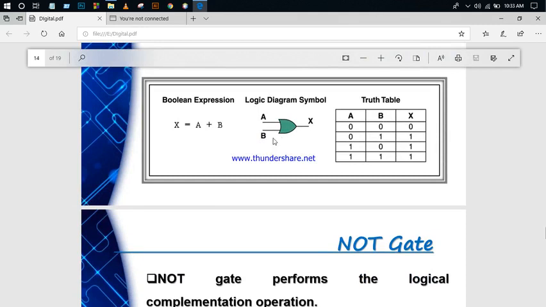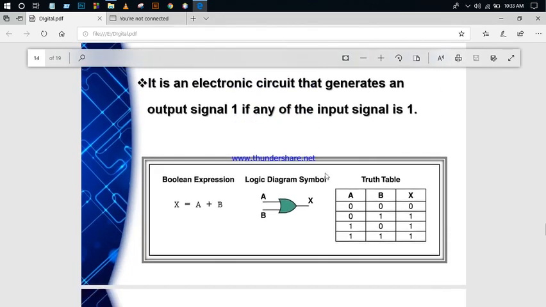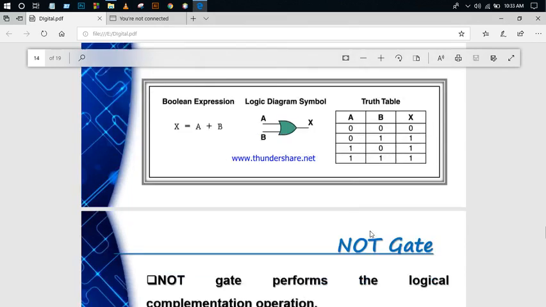Input A is 0 and B is 0, output X is 0. Input A is 0, B is 1, output is 1. So the output signal is 1 if any input signal is 1. If B is 1, X is 1; if A is 1, X is 1; and if both are 1, output X is 1.